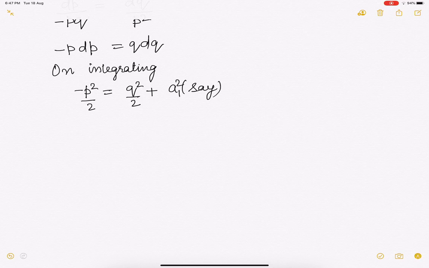We may take this as a1. So this will be p square plus q square is equal to a constant; since we have taken a1, this time we assume this as a square. So we got the relation between p and q.